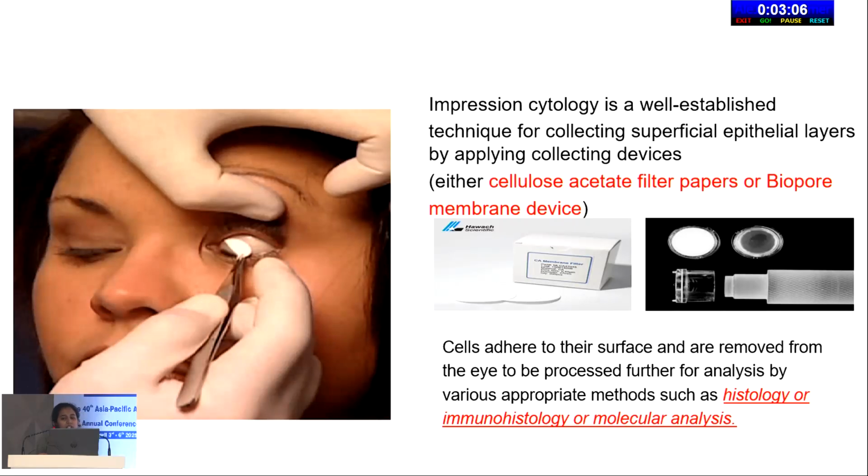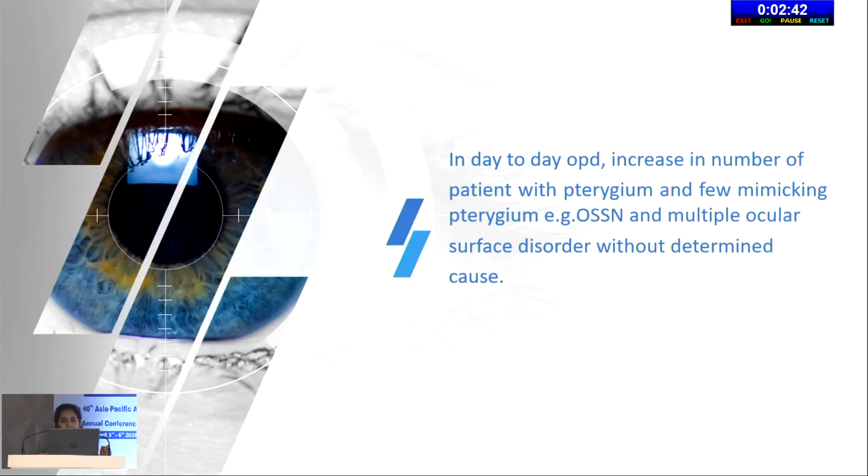As we know, it is quite expensive, coming to 2000 to 2.5K for both the device and the paper. In this technique, we touch the paper to the conjunctiva or the cornea, cells adhere to that surface and are removed from the eye, and it is processed further for analysis by appropriate methods for histology, immunohistology or molecular analysis.